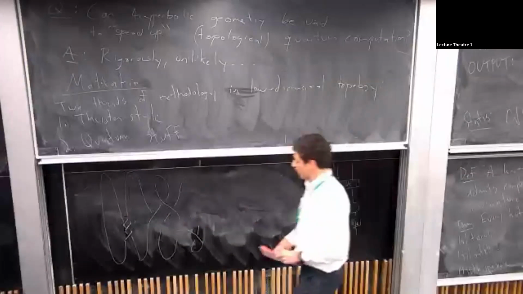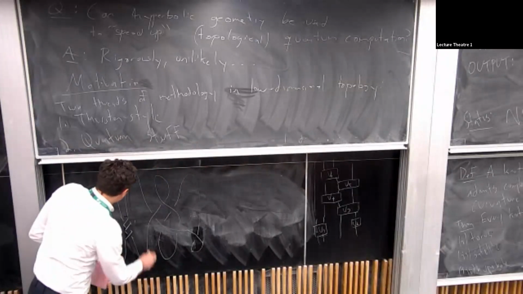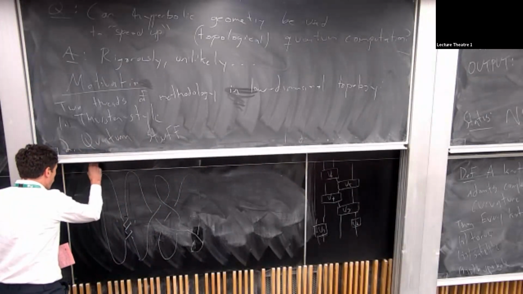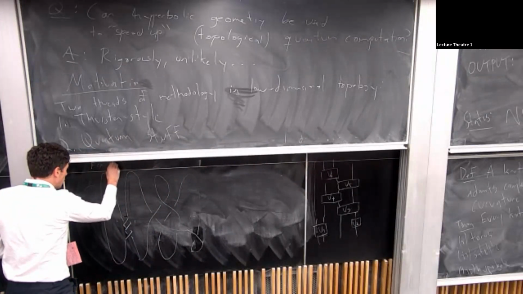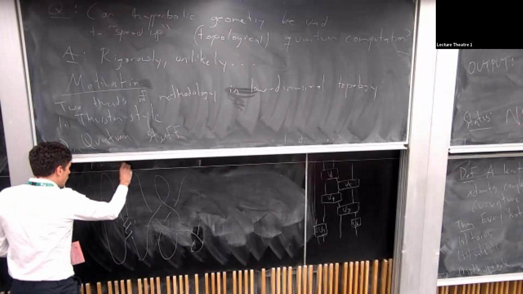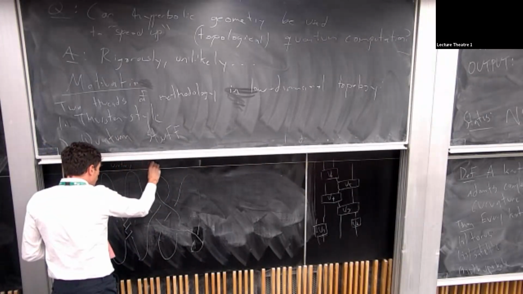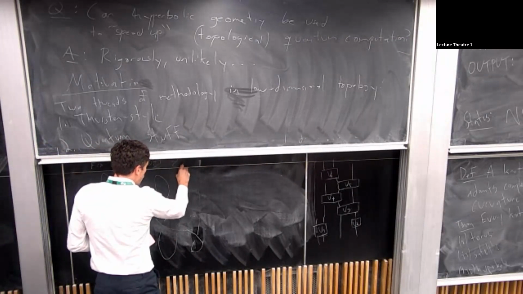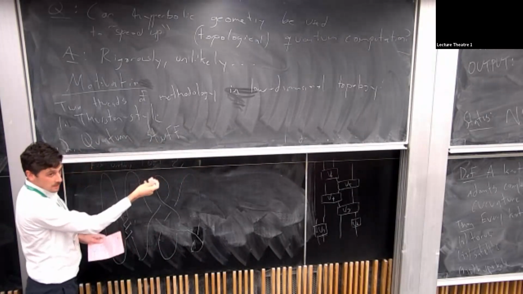For this, I'm going to fill this in, so stop me if you can't see what I'm writing. I'm going to fix a unitary TQFT, a 2+1 dimensional TQFT Z. What I really have in mind is some kind of Reshetikhin–Turaev construction.